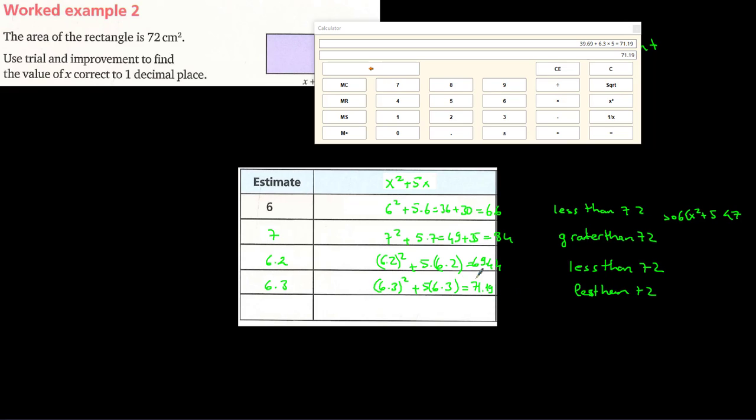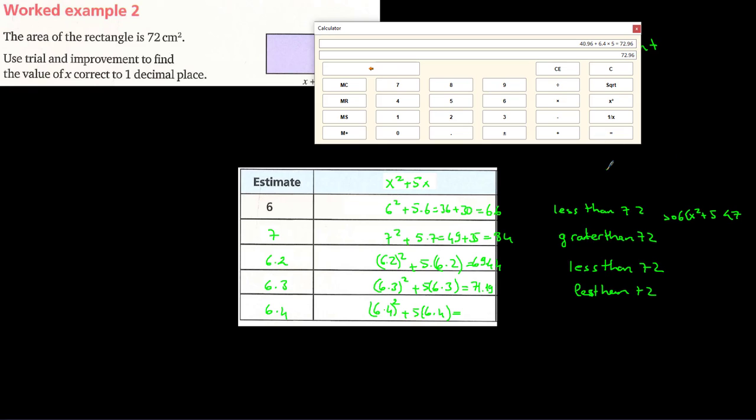When I get one number that is greater, I'm going to understand that the answer is between. So I'm going to try 6.4, which is very close to 72. 6.4 squared plus 5 times 6.4. I'm going to do the operation again by using the calculator.